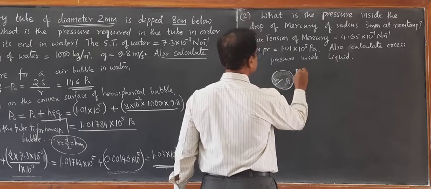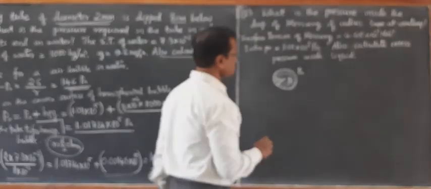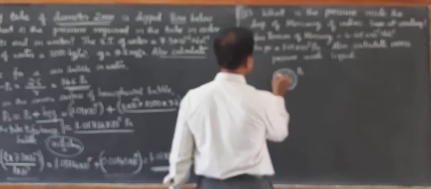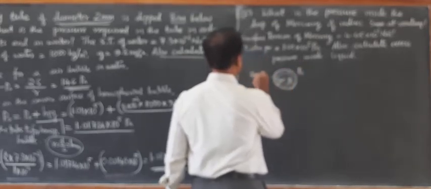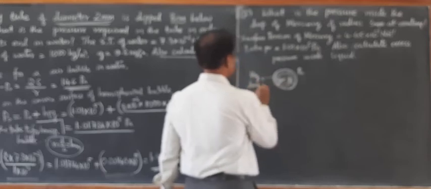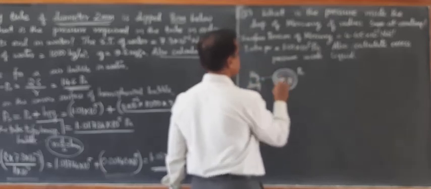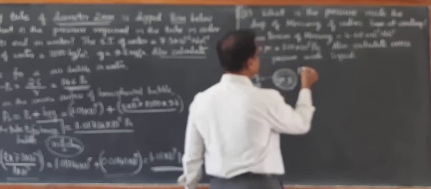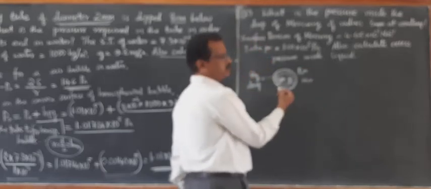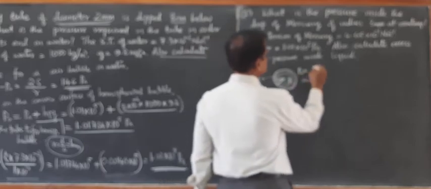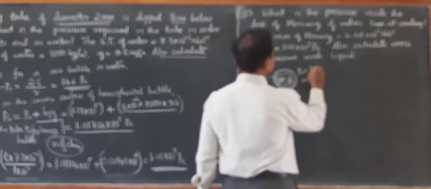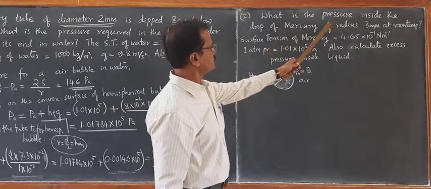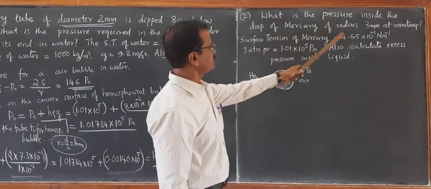If P naught is the air pressure, here it is surrounded by air. So the outer pressure is atmospheric pressure.